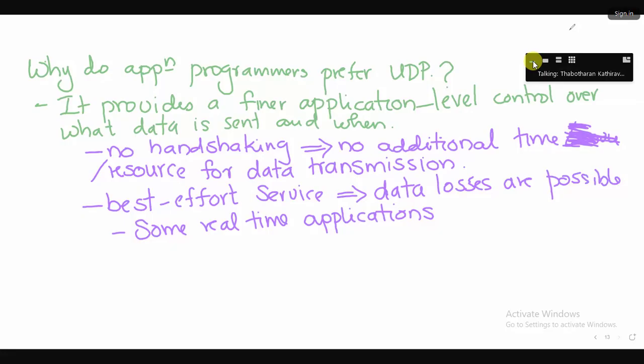But here, when we have free services, free applications that enable us to watch some real-time video streaming, some real-time applications can tolerate a few data losses here and there.